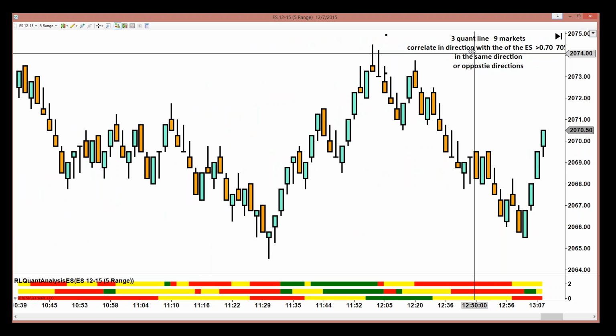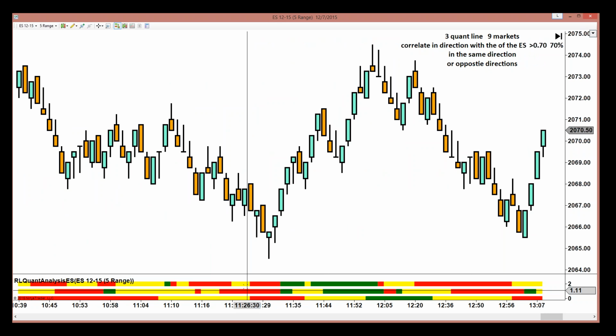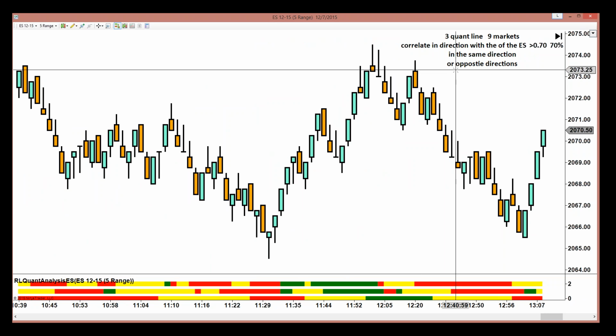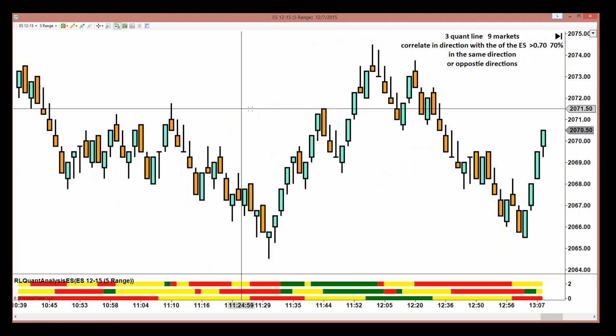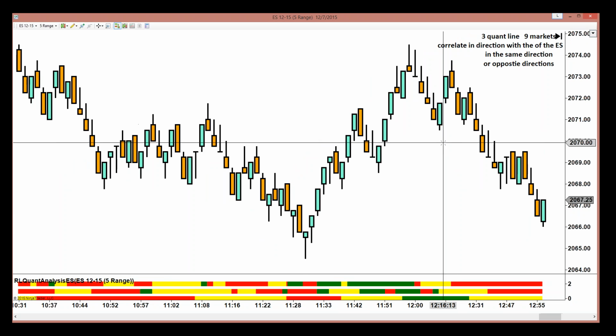When they perceive a lot of risk, they may move their money into precious metals. What this does is it's an assessment of market direction and those markets that correlate either directly or indirectly with that of the E-mini 70% of the time or greater.